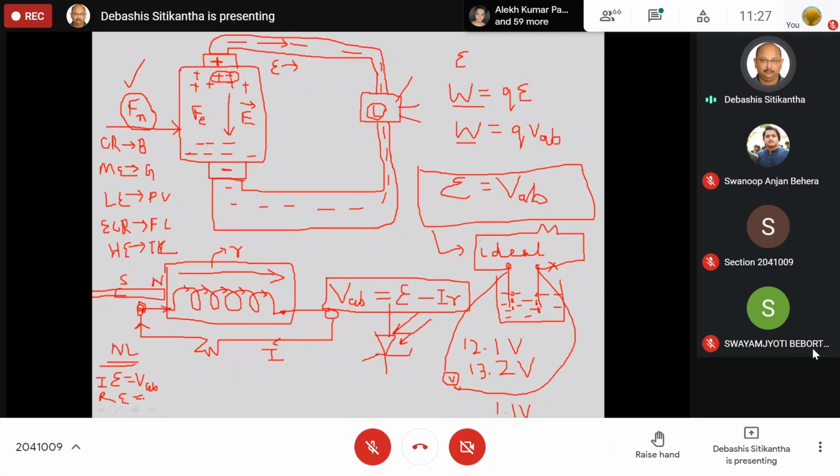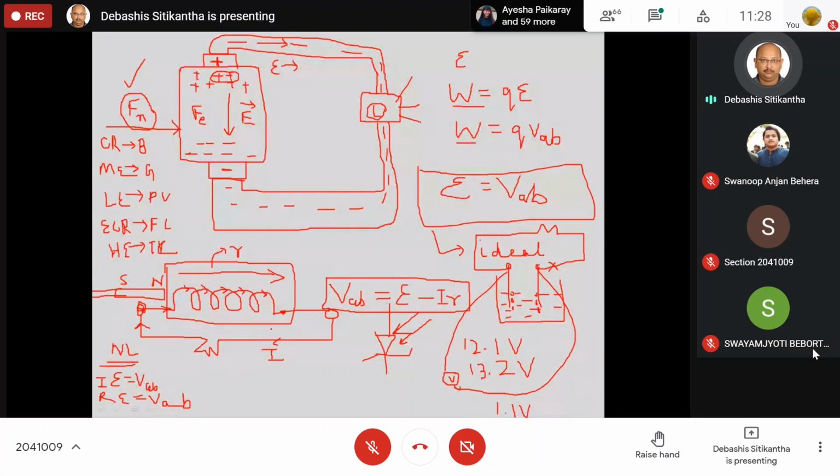So this is a very interesting thing. That means when there is no load, both the practical EMF source and the ideal EMF source adhere to this equation: whatever EMF is generated is equal to the potential difference across the terminals of the EMF source.